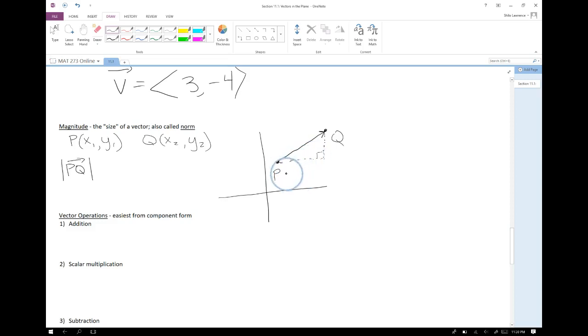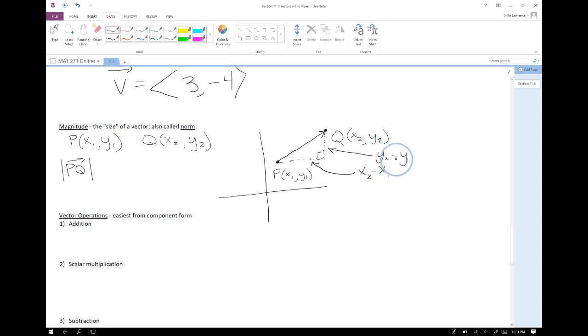So if we've got coordinates here, the way that I figure out this horizontal distance is I find the difference in my x coordinates. So this side right here is x2 minus x1. And the way I find the vertical difference between them is subtract the y coordinates, y2 minus y1.